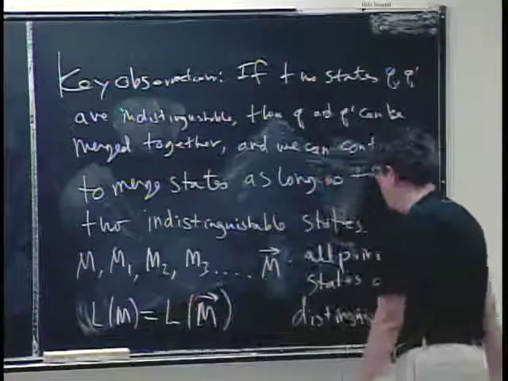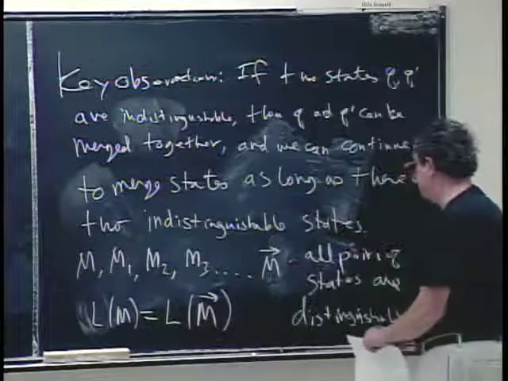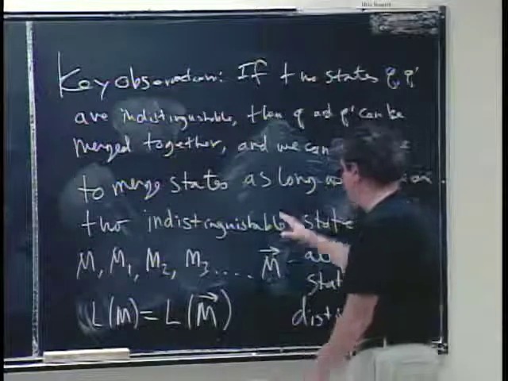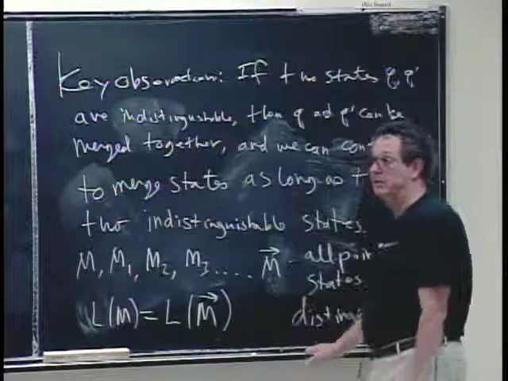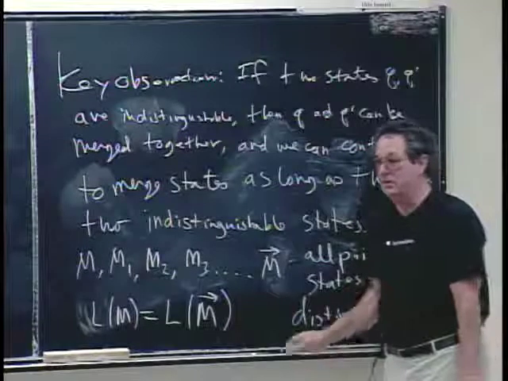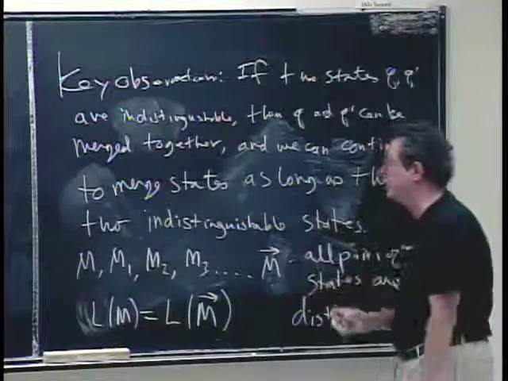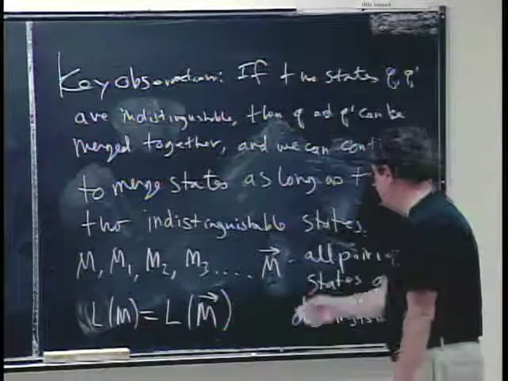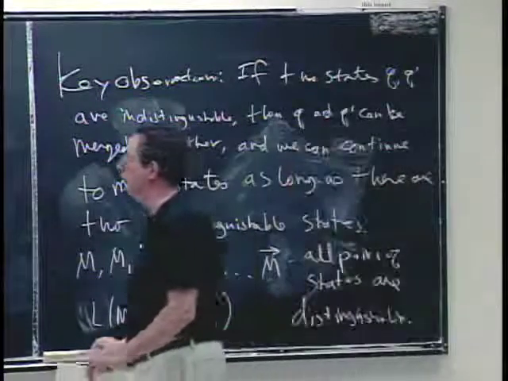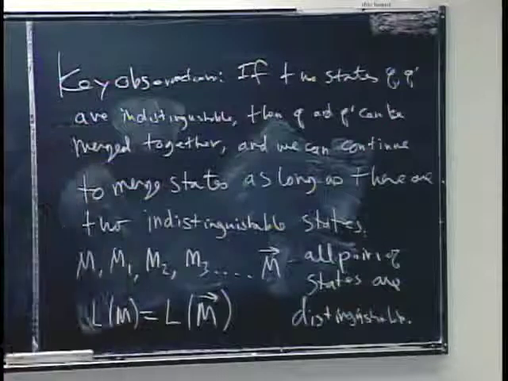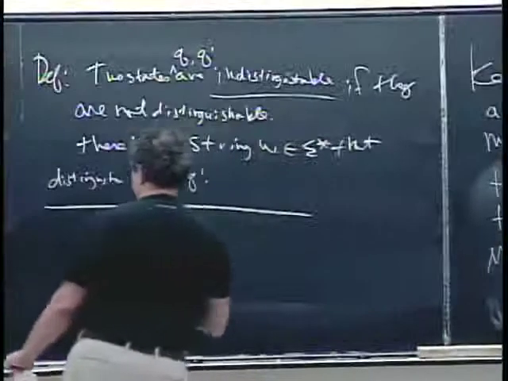Okay. Now I want to give a name to this property. If a DFA has no pairs of states that can be merged, if it has no pair of states that are indistinguishable, then that DFA is called reduced. Okay, so just put that definition over here.